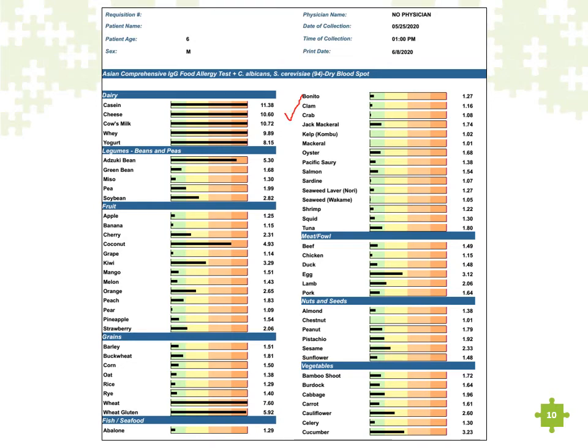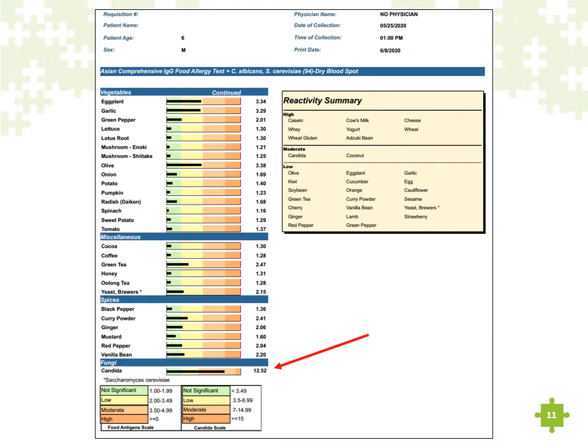So we can see here dairy, we can see here wheat, for example. And this individual actually has high IgG reactivity that could trigger inflammation. Also, it could be linked to just long-standing gastrointestinal candidiasis, for example.